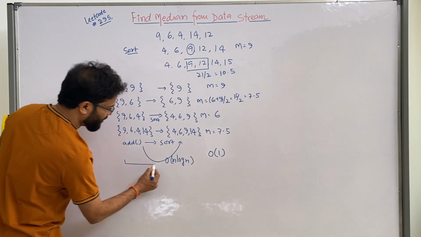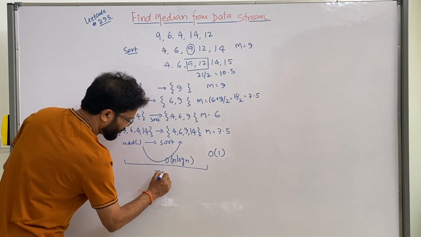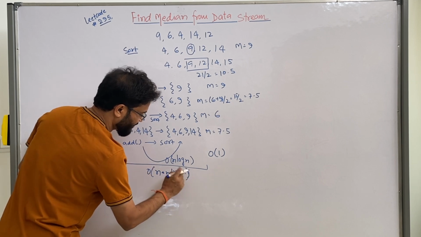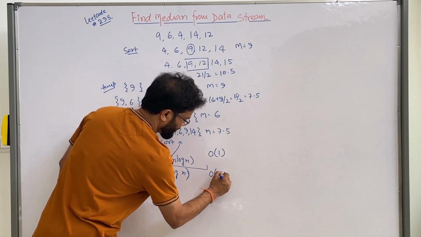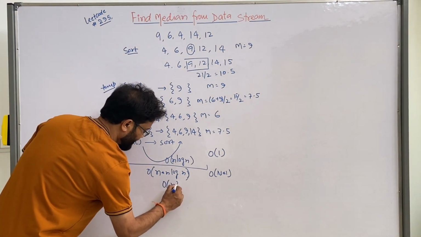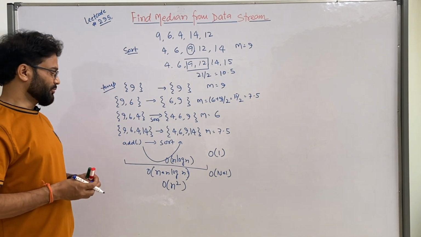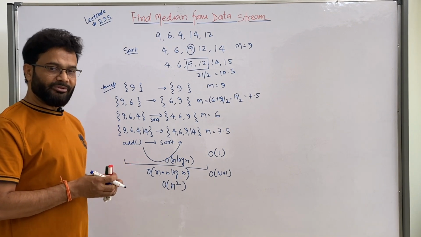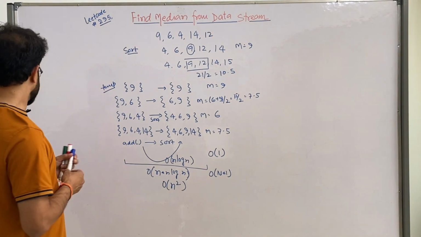So the overall complexity is n into n log n, and this becomes n into n, so overall your complexity is n squared, and this is a very high bound. Can we optimize this solution for better complexity? Yes, we do have optimized solutions, so let me discuss that.